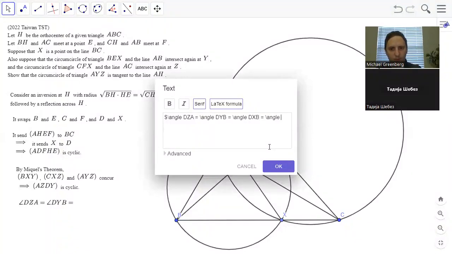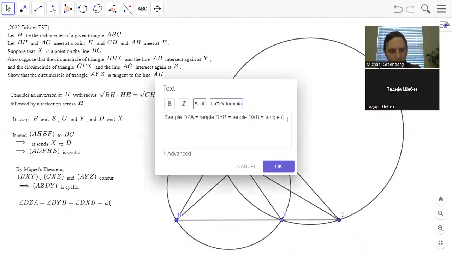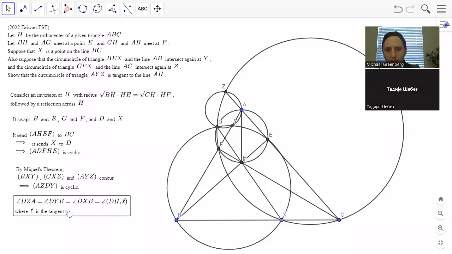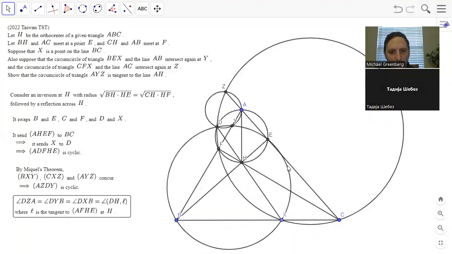So DXB is the angle that DH makes with this, where L is the tangent to AFHE at H. Which is angle DAH.